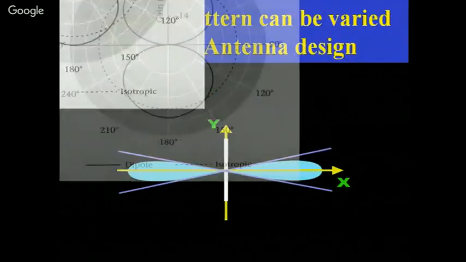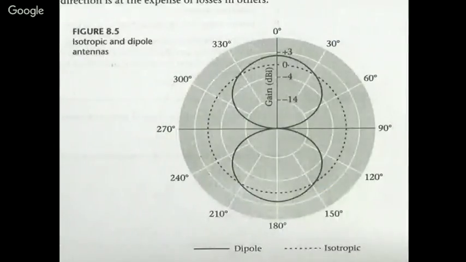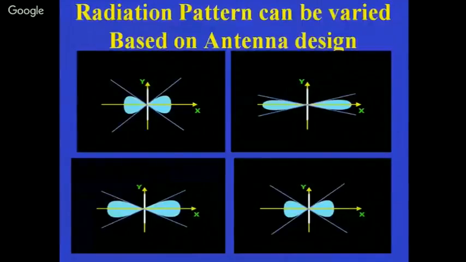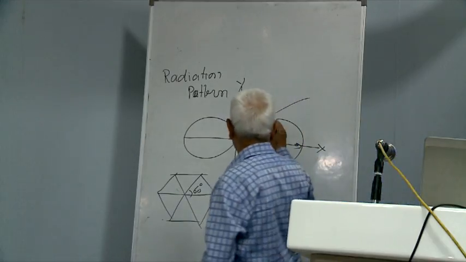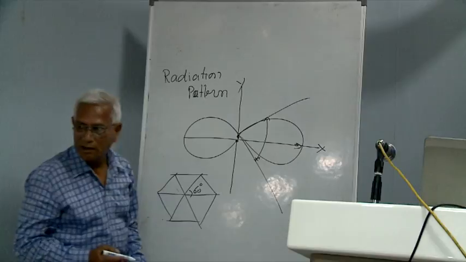Or you say here, in this figure, this is the radiation pattern. See, 1, 2, 3, 4, 5. This is almost same, but different radiation pattern. Basically, what is happening? This angle is changing, and you are getting different waves.